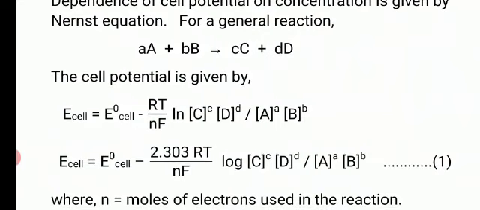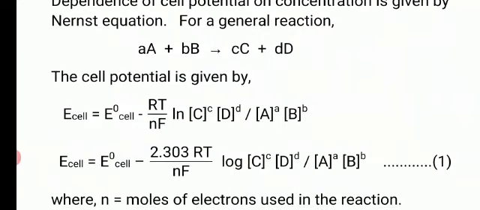Understood, guys? Okay, so here E cell is equal to E naught cell minus RT upon nF ln of [C]^c [D]^d divided by [A]^a [B]^b. Understood? So this is a direct equation, there is no specific derivation, and this particular equation is actually the Nernst equation.